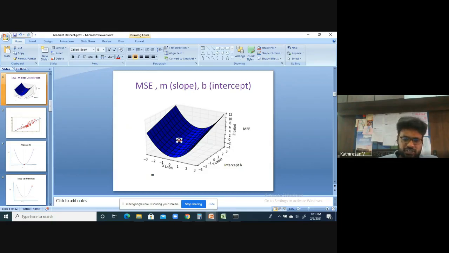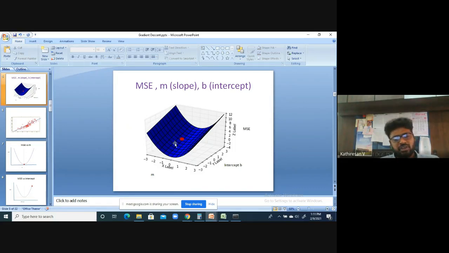Once MSE reaches this global minima, at that particular point we have to take the slope and intercept. That is our intention actually. Got the point?